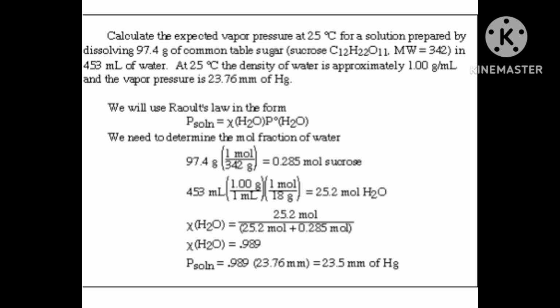After that, solve it. Then you will get 347.9 mm Hg. This is the total vapor pressure of the solution after mixing chloroform and dichloromethane.